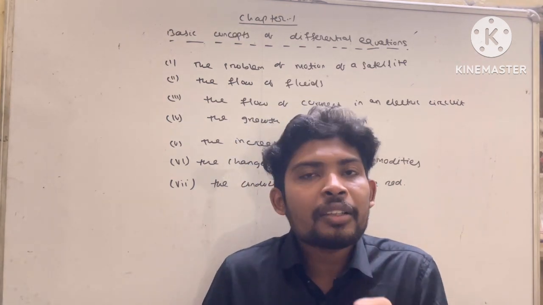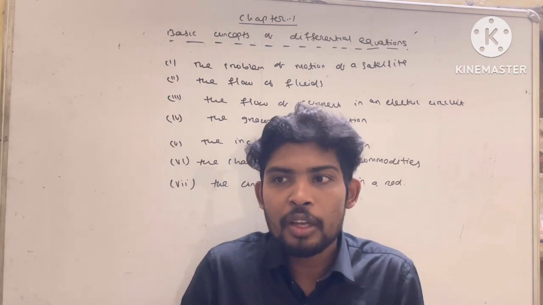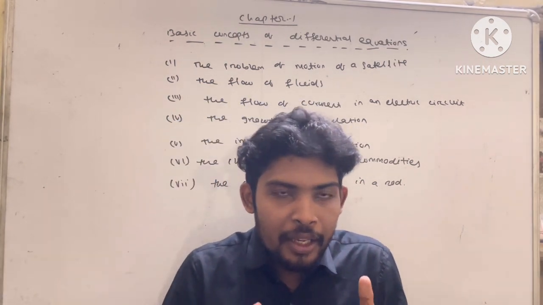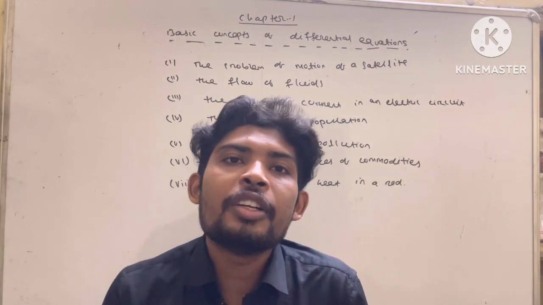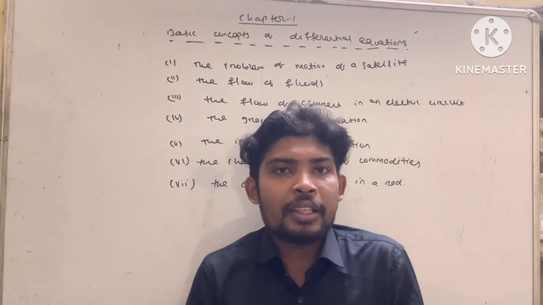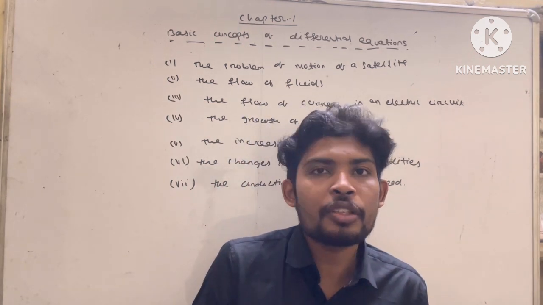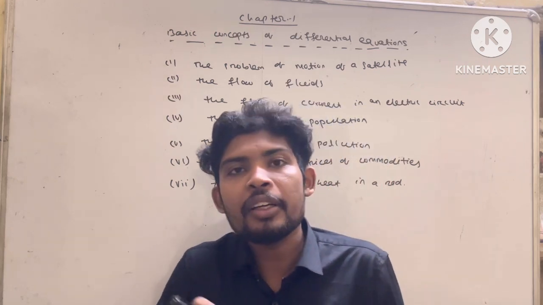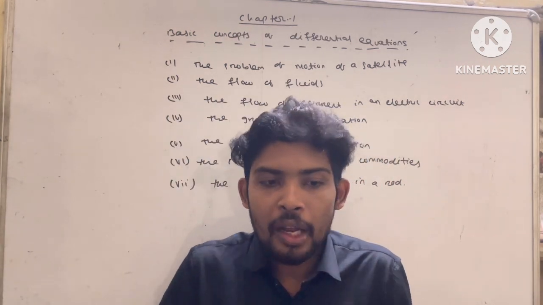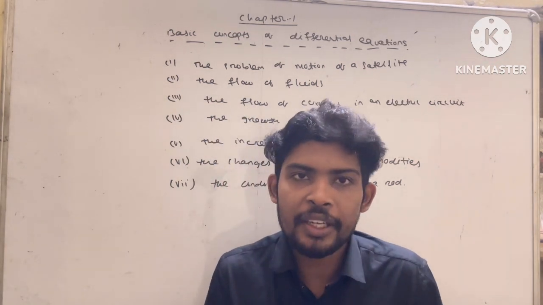So the laws characterizing these problems, which involve derivatives, when expressed mathematically, are called differential equations, right? That is very simple. We involve the rate of change of quantities, which involves derivatives, and when it is expressed mathematically, it is called a differential equation, right?